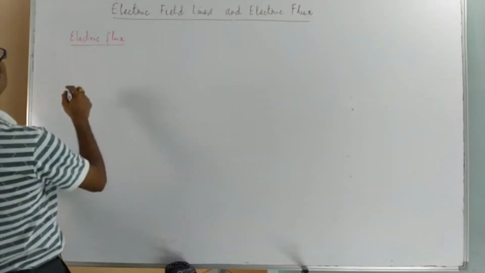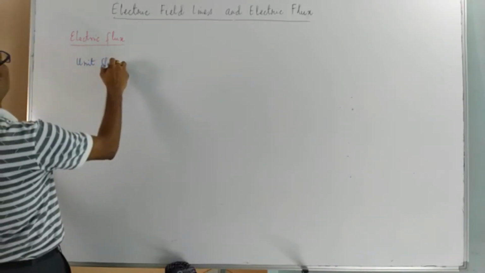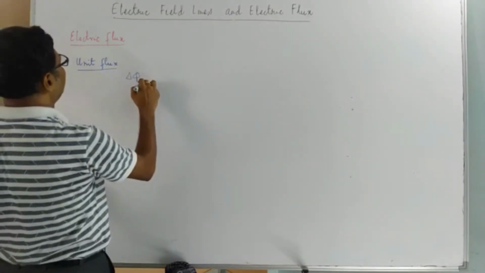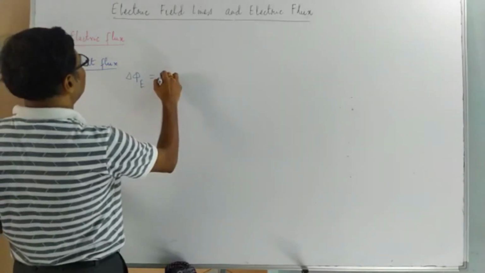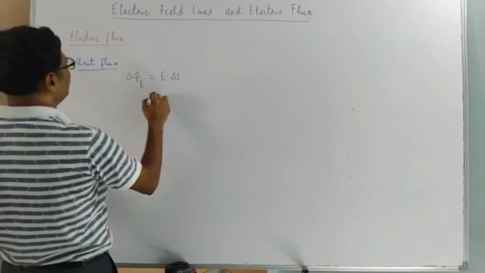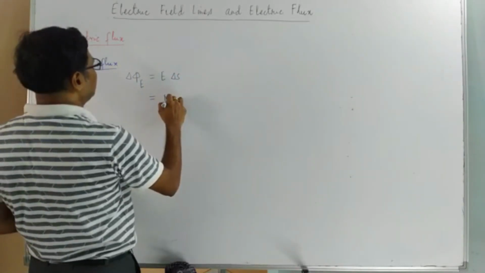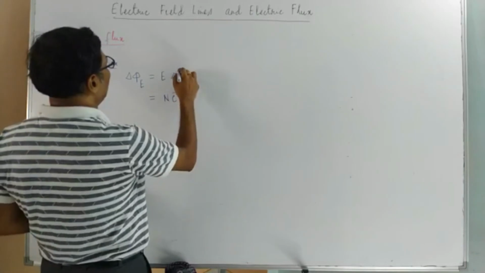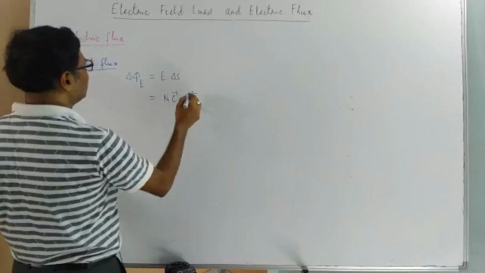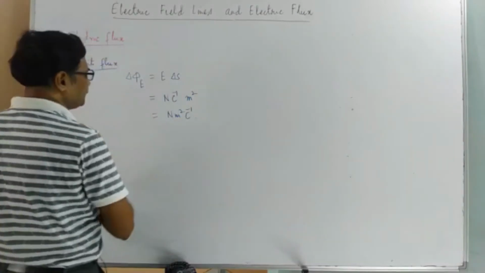Next we consider the unit of electric flux. You can see that delta phi E is equal to E into delta S into cos theta. We already know that the unit of electric field is Newton per coulomb and the unit of delta S is meter square. So we can say its unit is Newton meter square per coulomb.